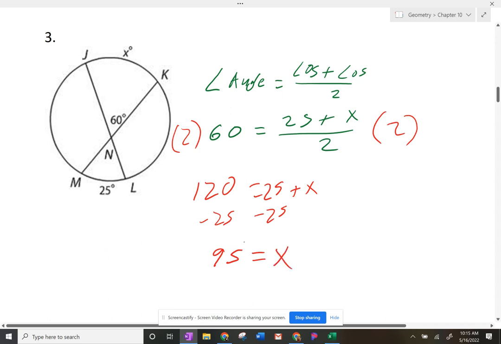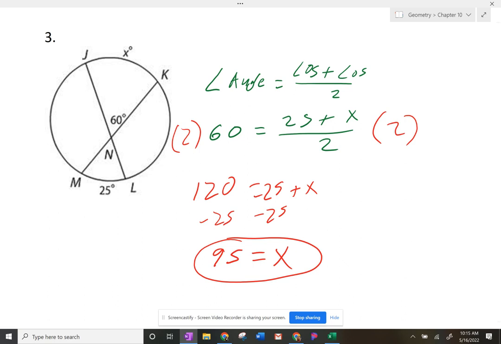I get x equals 95. So far, so good. Again, as soon as you can figure out what that formula is, then you can just start plugging the information in from where you need it.